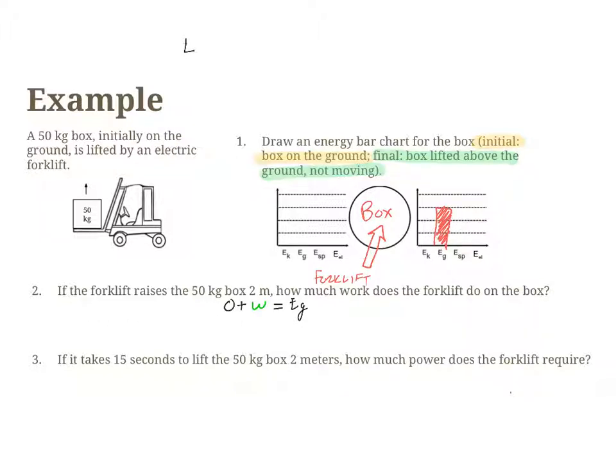And once upon a time, last semester, we talked about gravitational energy and all the other types of formulas that went along with it, so I should probably refresh your memory. EG is equal to mass times gravity times height, okay?